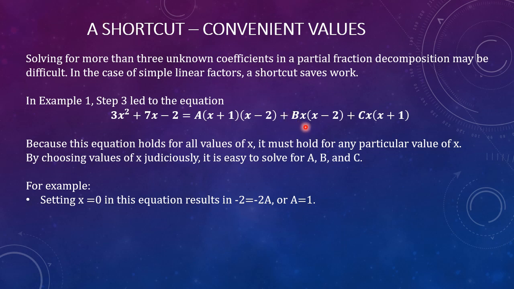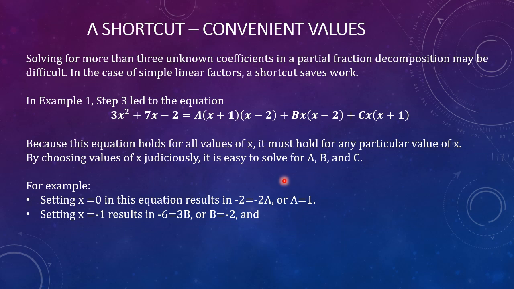Because notice that in the second and third terms, because you're multiplying by 0, b times 0 times another quantity equals 0, and c times 0 times x plus 1 also goes to 0. So we're only left with this first part of the equation on the right, and on the left, we're only left with negative 2.